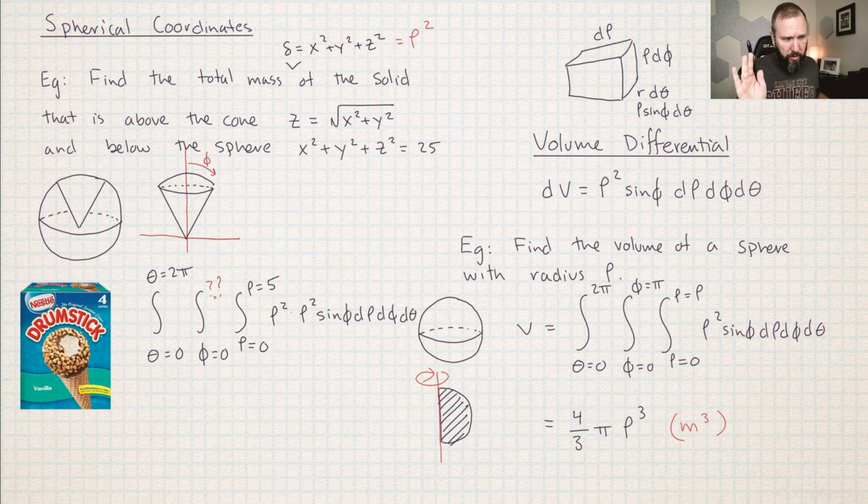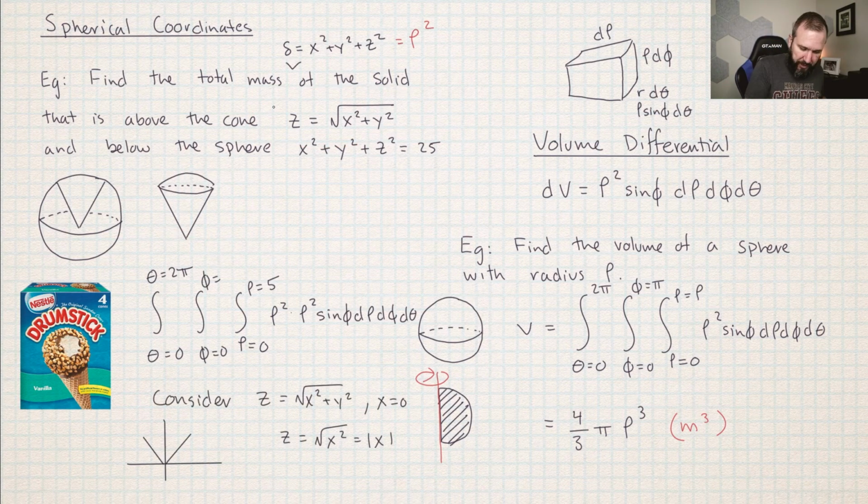Some of you may be in the place where you can just look at this and see automatically that it makes a 45-degree angle right down the middle. But let me show you how you could get that if you didn't just see it right away. I look at this formula right here, that's what's going to make this wall and this wall right here. This is complicated because it has both x's and y's in it. So what I'm going to do is just consider this slice right here, which is just a little piece of it.